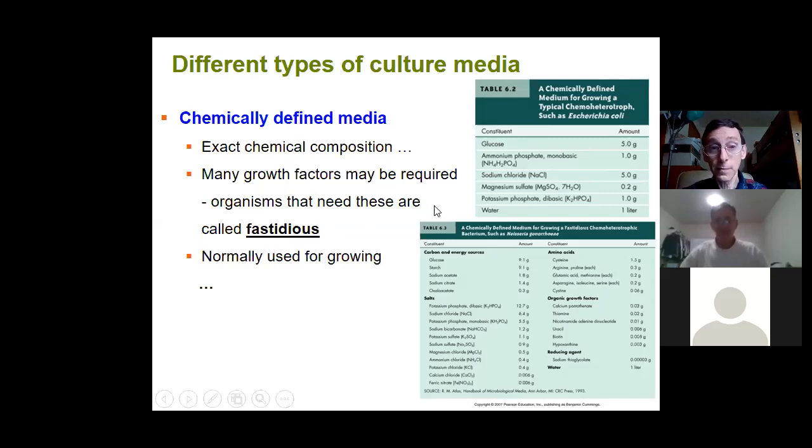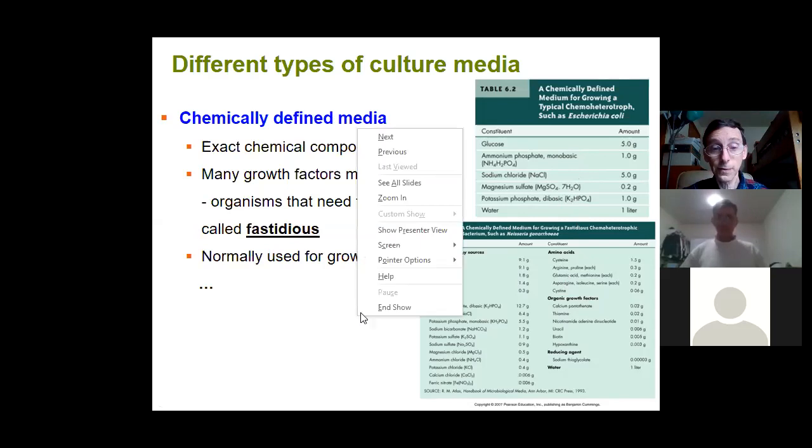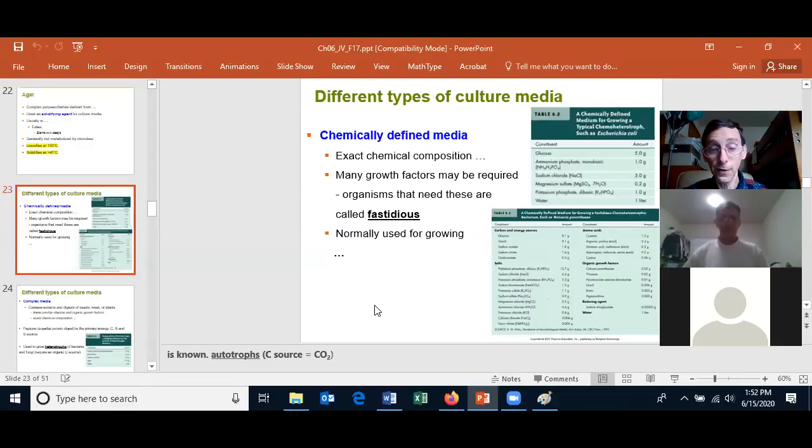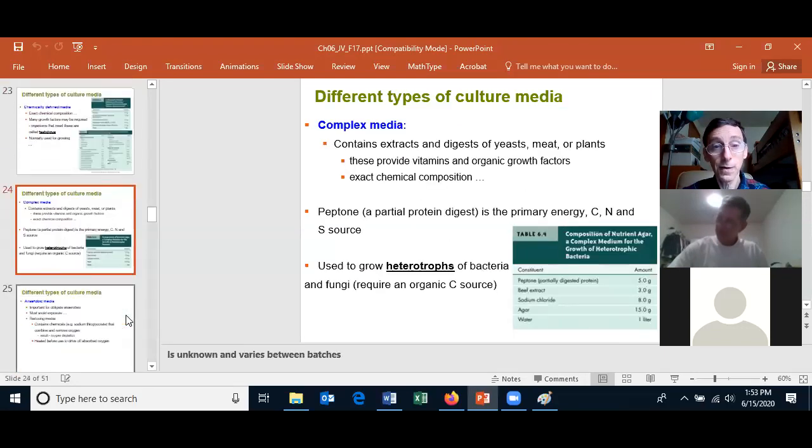Okay, so chemically defined media are not used very often in microbiology unless we're growing autotrophs, because an autotroph generally can make all of the molecules they need from sugar, and of course they can make their own sugar. Most of the other organisms we grow in microbiology, we use a complex media.